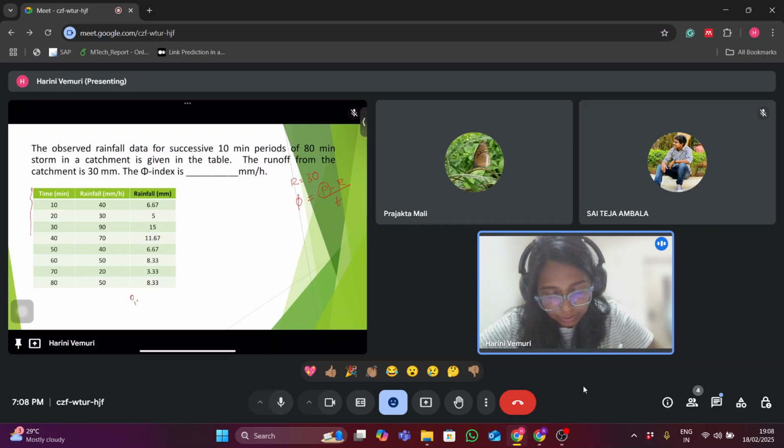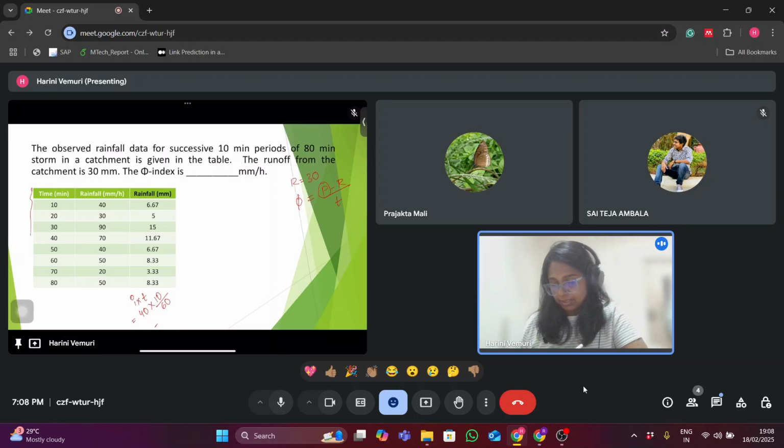So that is I into T. I will just show the calculation for the first row. Since the intensity of the rainfall in the first 10 minutes is 40 mm per hour, it is 40 into 10 by 60. Here, since the duration is in minutes, we are dividing it by 60 to convert into hours. Okay, so that is 40 into 10 by 60.